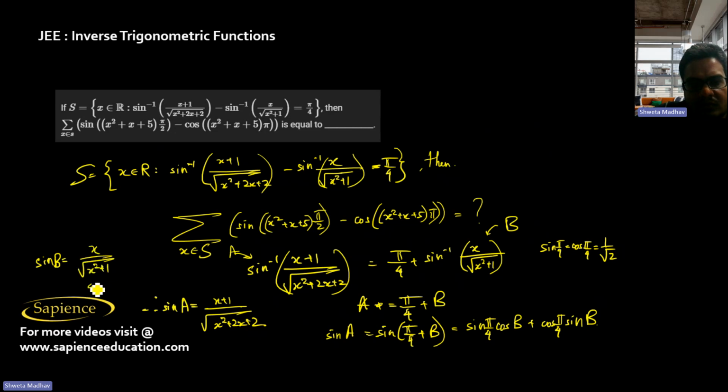And then we have to find out cos B. So cos B will be root over 1 minus sine square B, that is 1 minus x square by x square plus 1. So it will be 1 by root over x square plus 1.